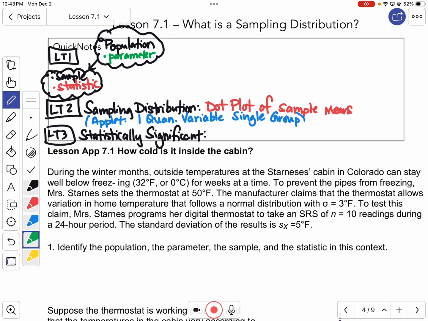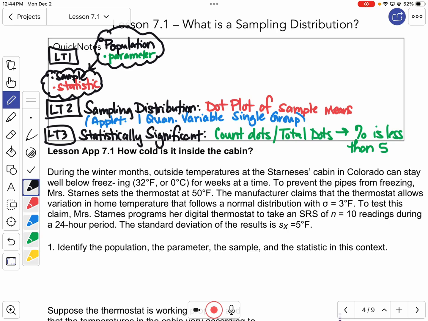So we're going to count our dots, divide it by the total dots, and if our percent is less than 5, then it's what we call statistically significant. We'll count the dots in whatever range they say, greater than something, less than something. We'll divide it by the total number of dots, make it a percentage. If our number is less than 5%, then we're going to say it's statistically significant.